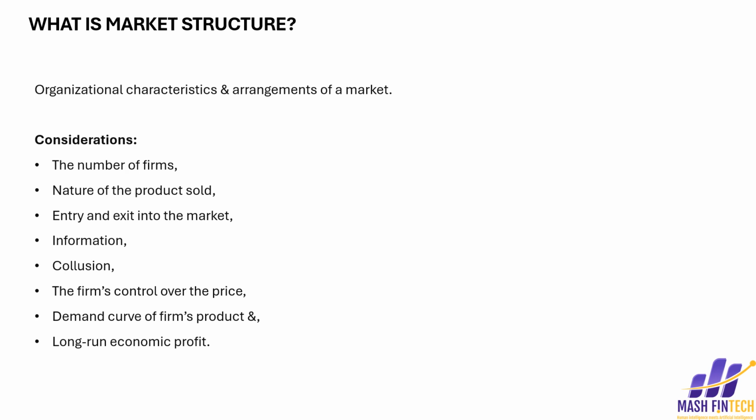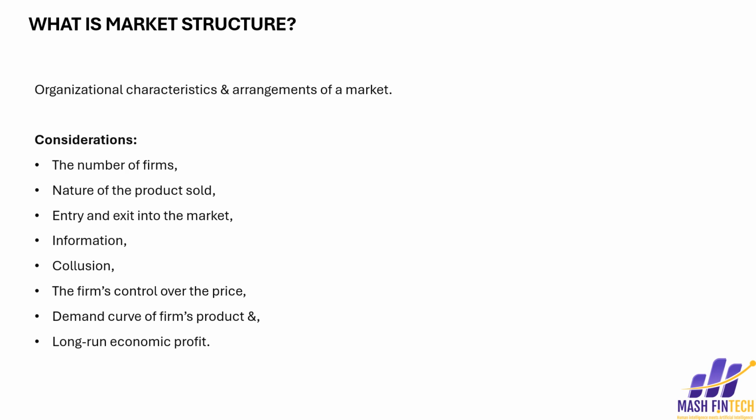And to be able to understand the structure of the market, the way in which these firms are organized, we need to look at 8 characteristics and then conclude what type of a market we are dealing with.